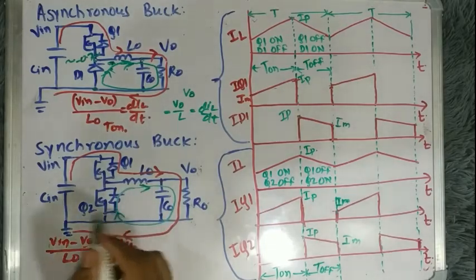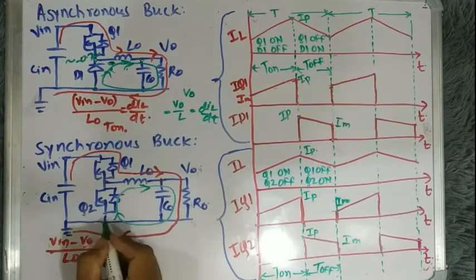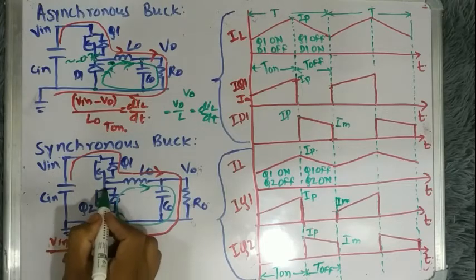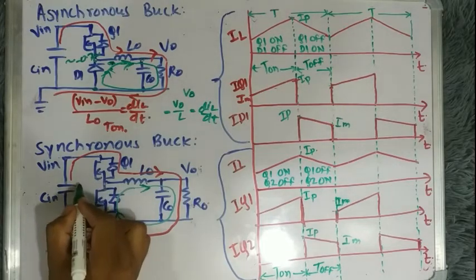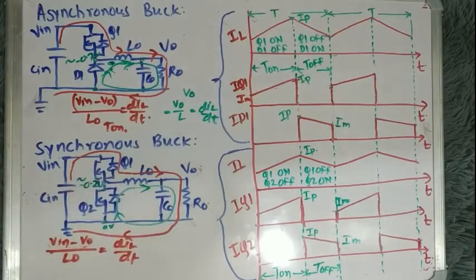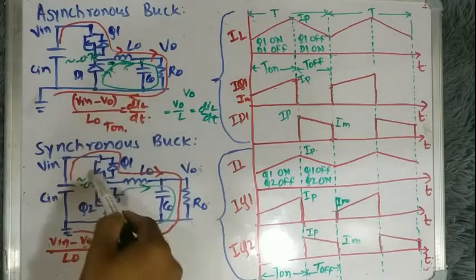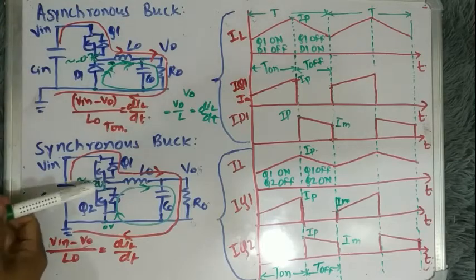Since Q2 is turned on during time t off, this terminal is grounded, which is 0 volt, and since RDS on is low, this terminal goes to roughly minus 0.2 volt. Here we can see the difference between asynchronous and synchronous buck converters: here we have minus 0.7 and here we have minus 0.2 volt.